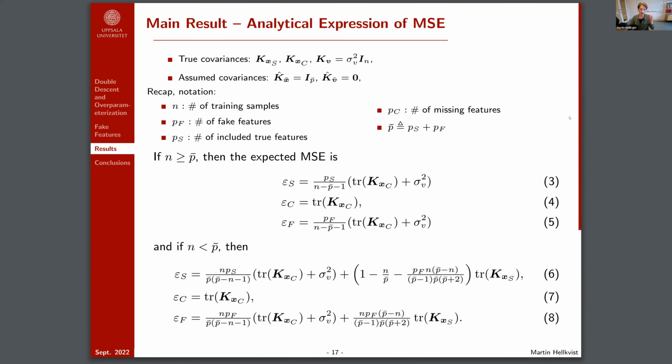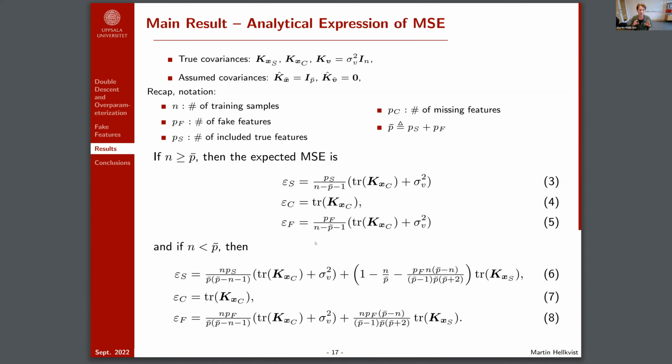So here I present our main results, which are closed form expressions of the expected MSE of each respective set of the unknowns, XS, XC, and XF. So you see these expressions here. They are split into two sets of equations because we have one type of dynamic in the underparametrized regime where n is larger than p bar, and the other set here is for the overparametrized regime.